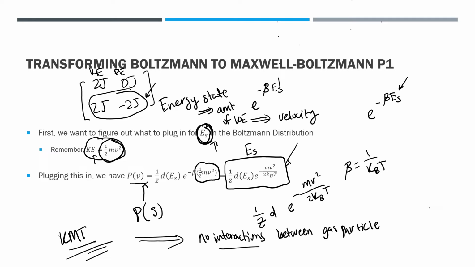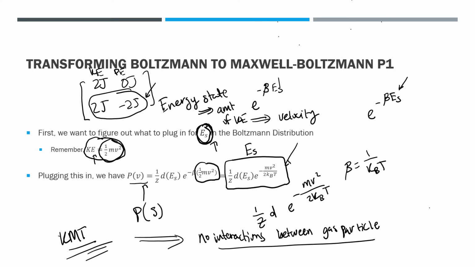How does this imply that all of the gas particles have the same potential energy? Another way to think about this is that no particle is going to be at lower potential than another. That means no one particle is going to be more stable than another, because there are no stabilizing or destabilizing interactions between these particles. So everything is at the same stability or has the same potential energy.